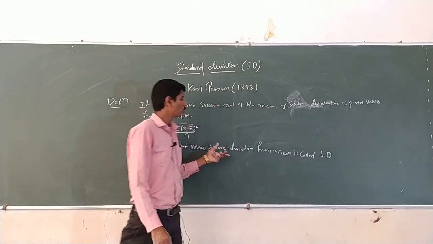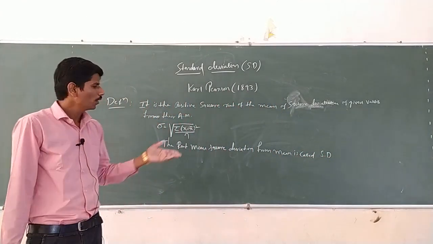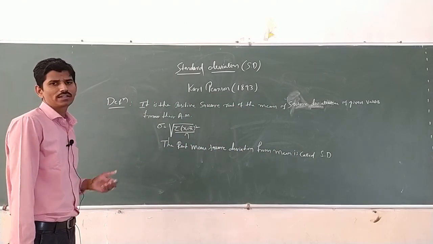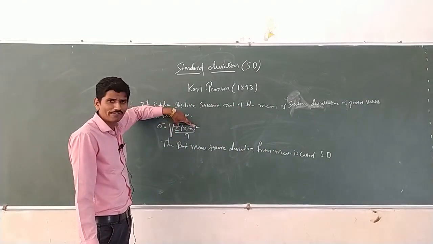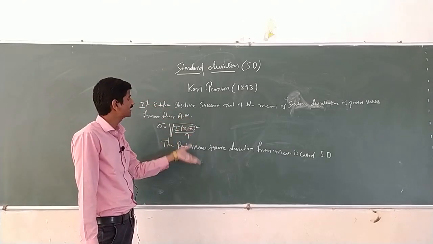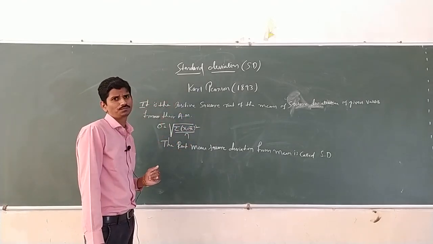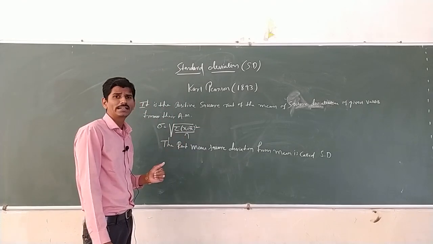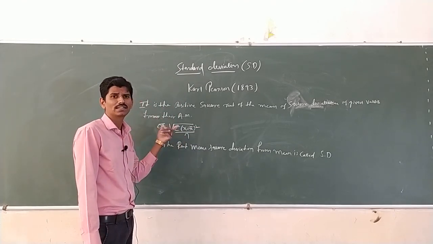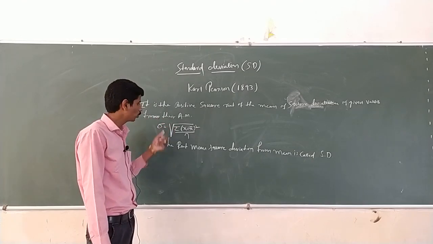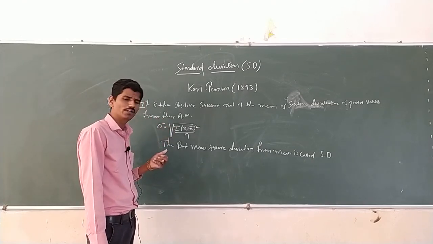We are using the mean, so it is said to be standard deviation. It is denoted by sigma, a Greek letter. Sigma equals under root of sum of x minus x bar whole square divided by n.